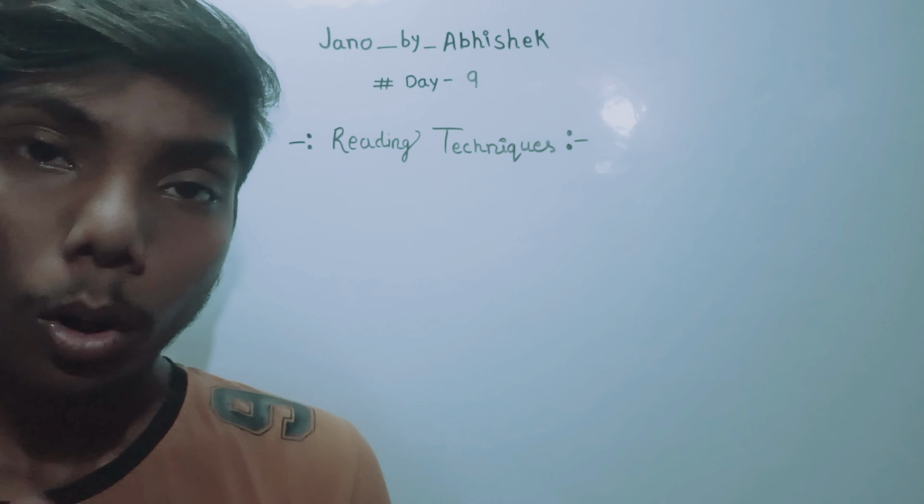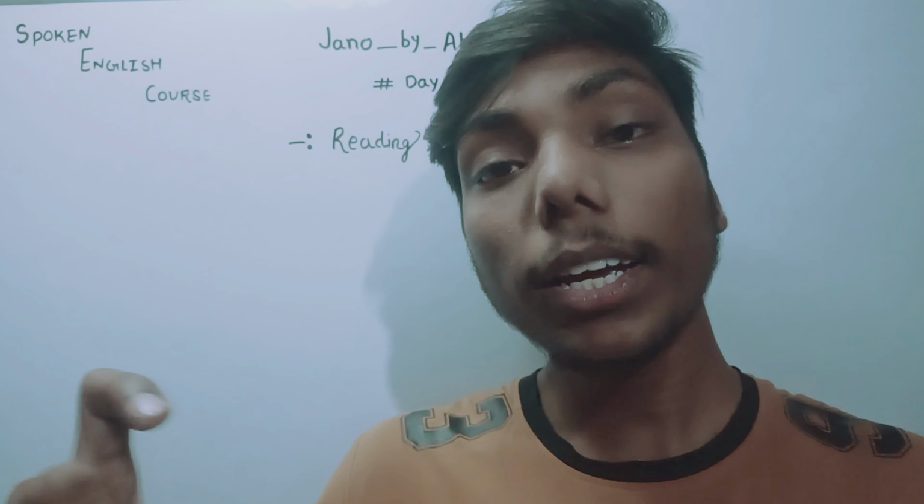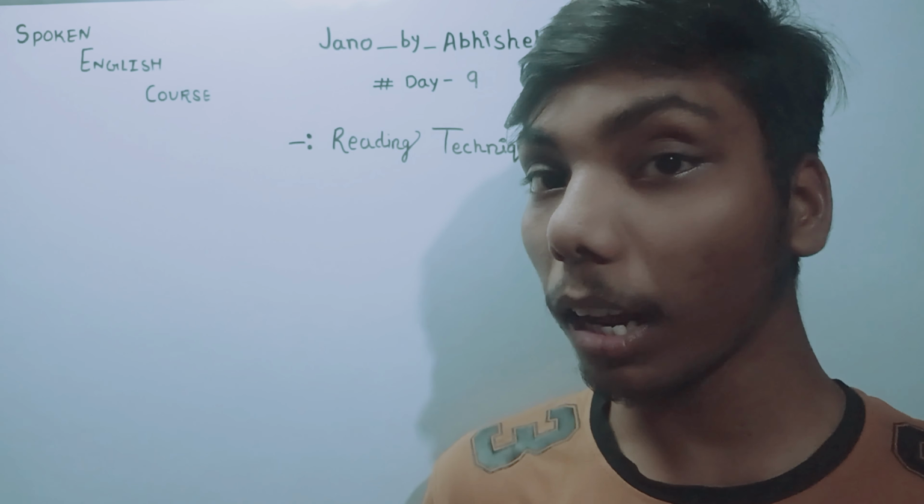The second thing: while reading, we go through the words and the sentences, and how they are framed, and how people who have written those things write. So we are getting to know the structure of a sentence, which is very important in our spoken English.